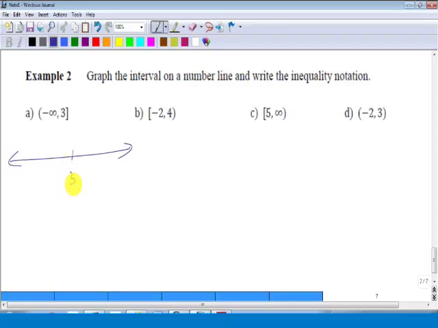Are we talking about numbers to the right of 3 or to the left of 3 here? To the left. That is correct. Negative infinity to 3. So in inequality notation, to the left of 3 means x is less than or equal to 3. Like that.